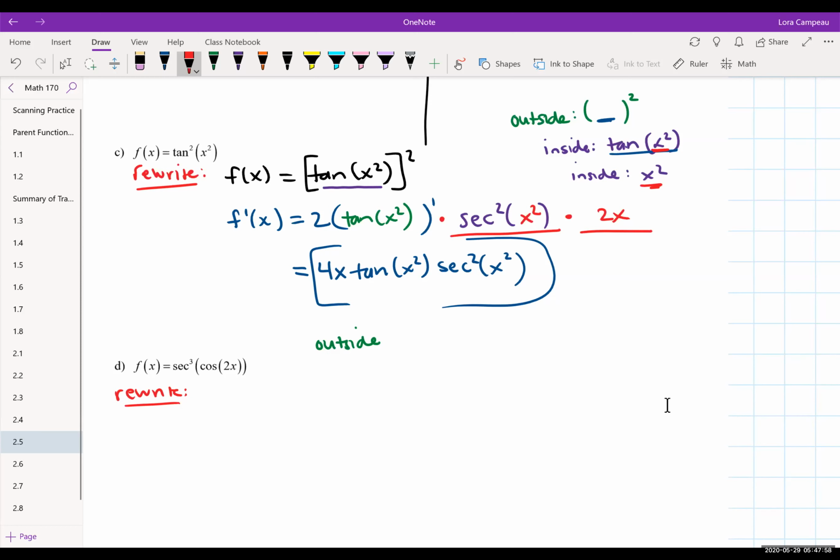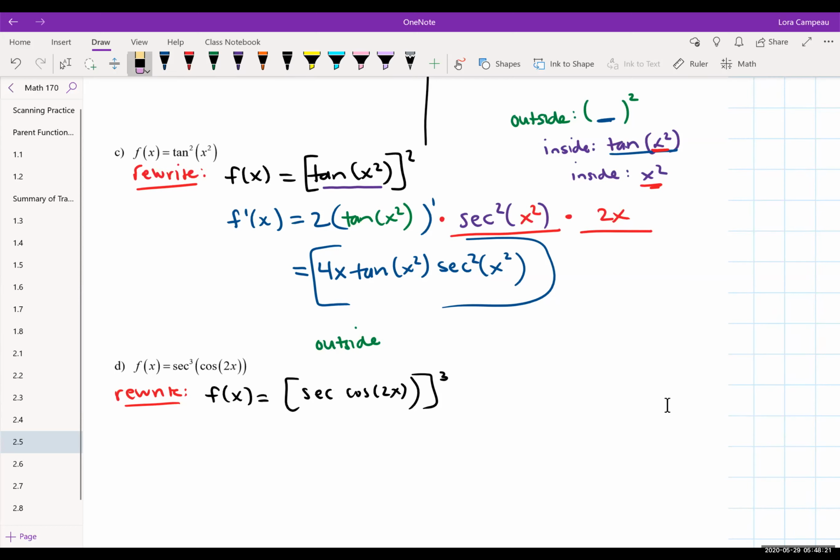Anytime I have a trig function, I know that would be secant of whatever I'm taking. Secant to the 3rd power, or the cube of secant.